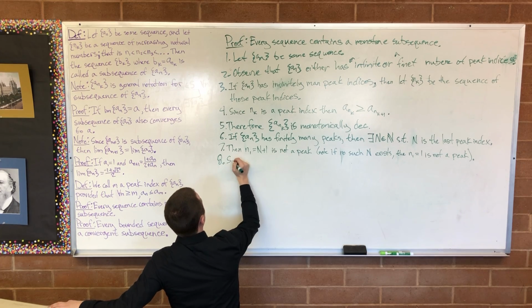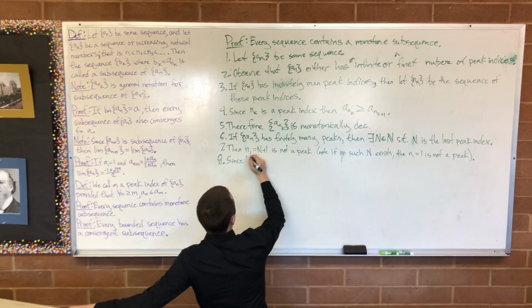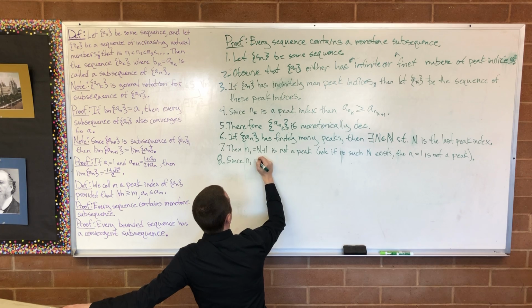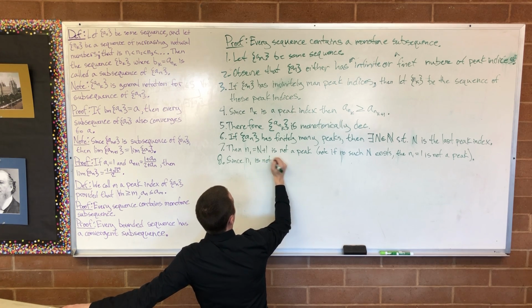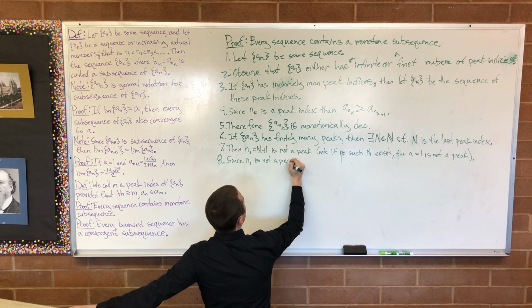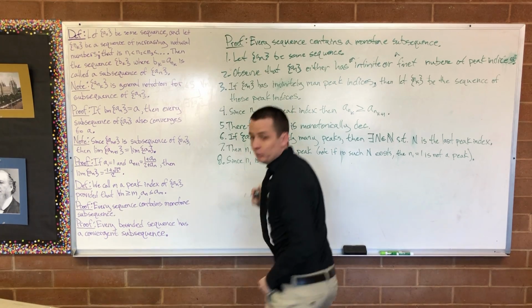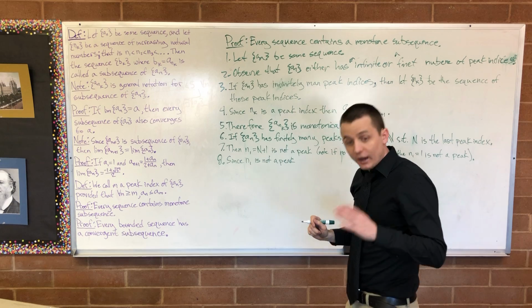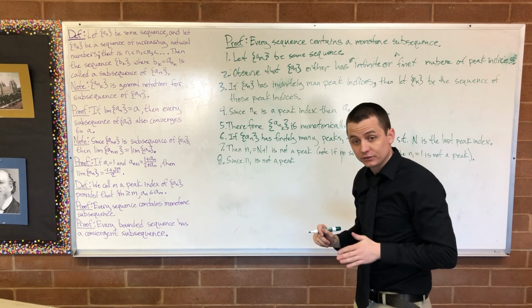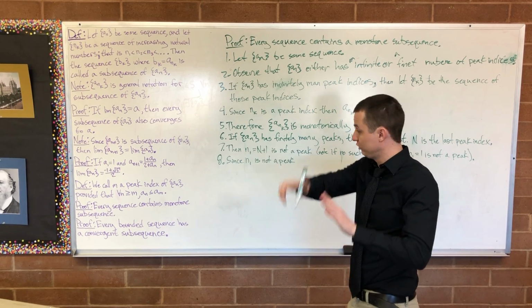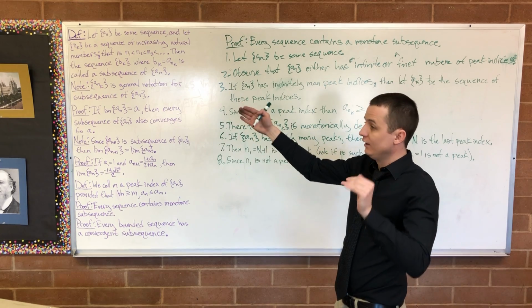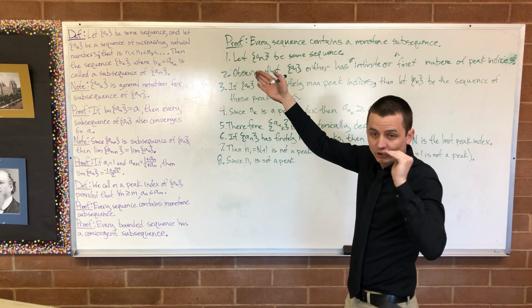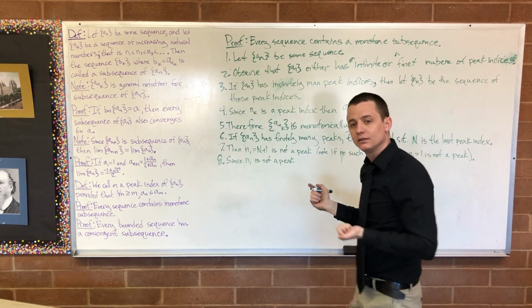Since n sub 1 is not a peak, what does it mean for it to not be a peak? Not everything after it is increasing, but something after it is greater. It could go down after it, but if it eventually gets higher, we didn't have a peak.